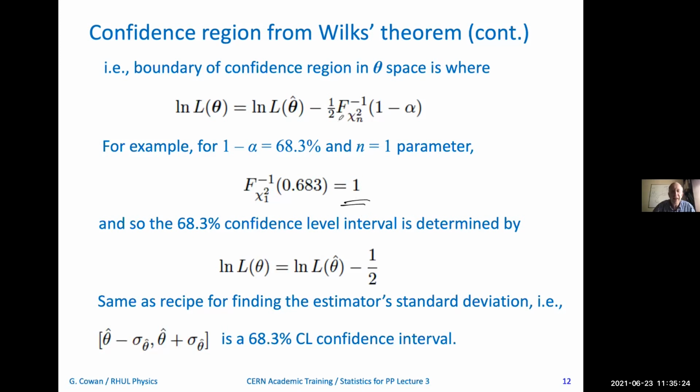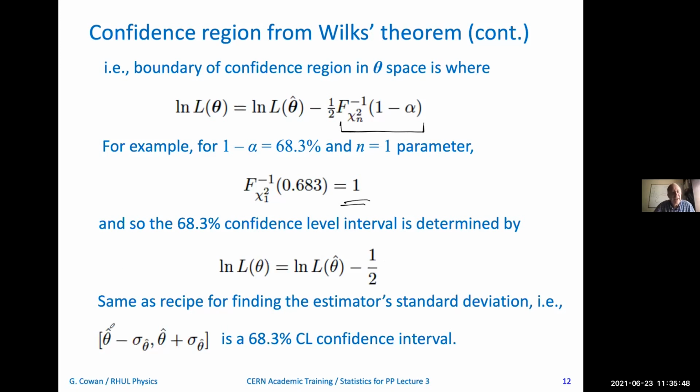And so for that case, if that constant is just equal to 1, then the edges of the confidence interval are simply given by log L equals log L max minus 1/2. And that should ring a bell, because that was exactly the recipe that we had arrived at for estimating the standard deviation of a maximum likelihood estimator.